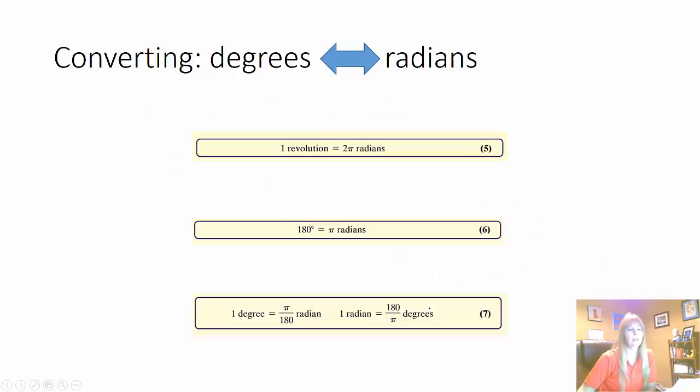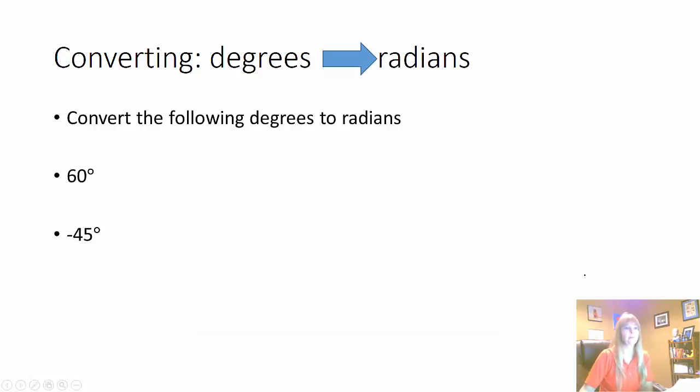You'll see this summarized here: 1 revolution all the way around, 2 pi radians, 180 degrees, pi, and then 1 degree, pi over 180, or 1 radian, 180 over pi. How I remember these is if I'm going from degrees to radians, the pi's on top. If I'm going from radians to degrees, the pi's on the bottom, because you're going to have a pi in there that you're going to cancel out. And that's just how I remember those.